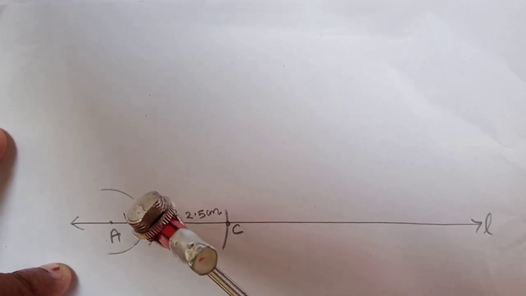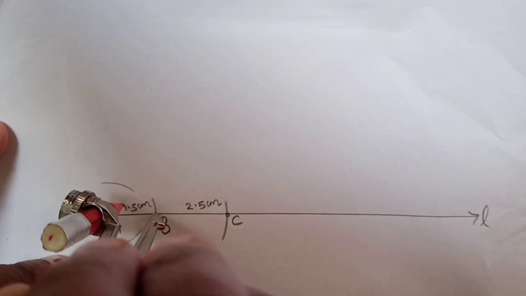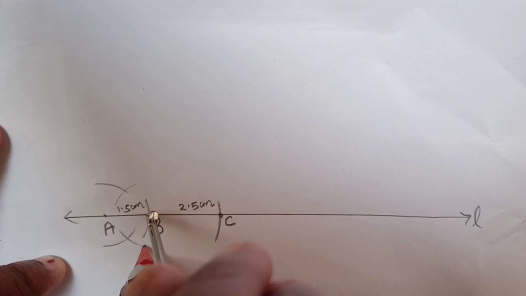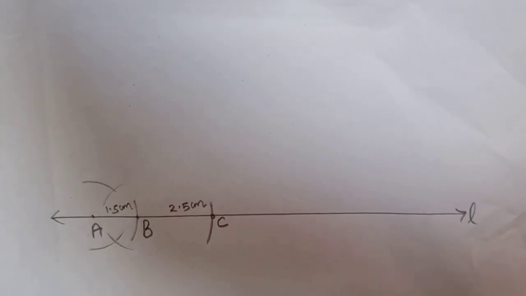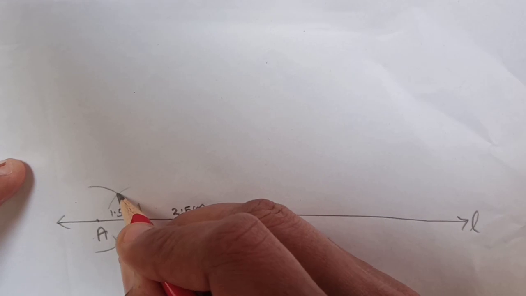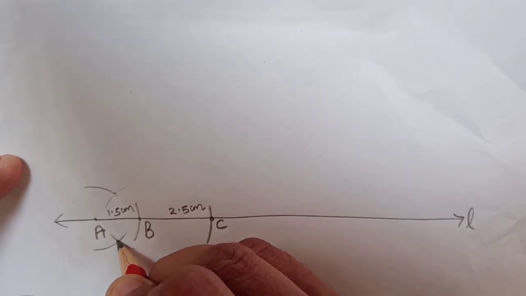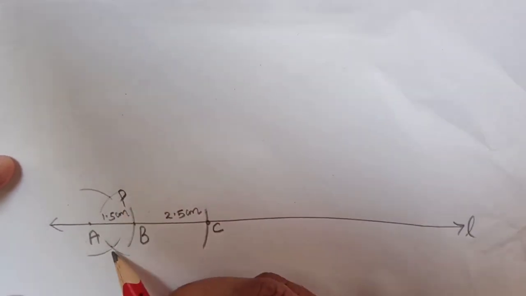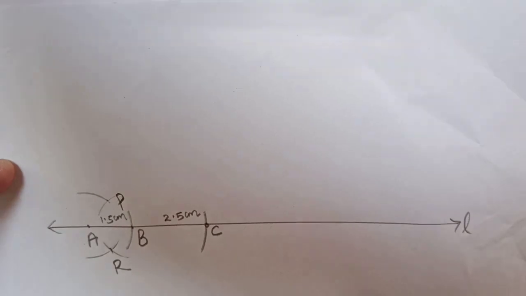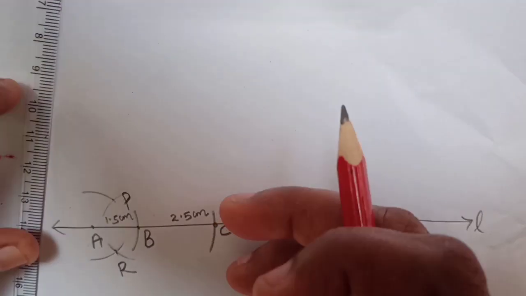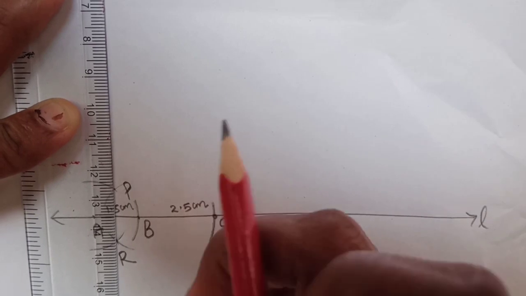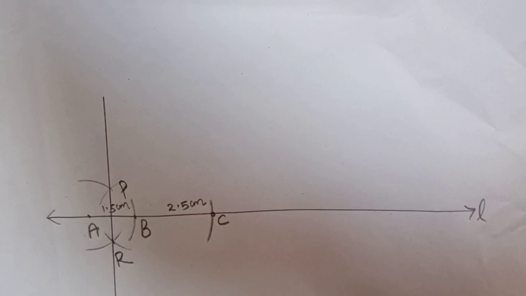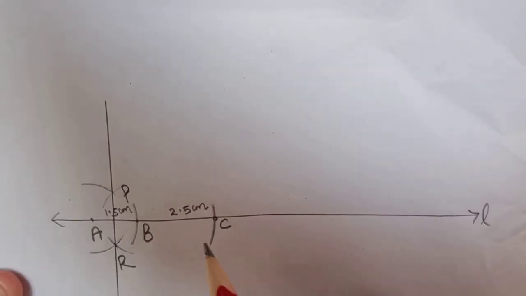Again with B as center, draw two more arcs that intersect the previous arcs. Mark the points of intersection of the arcs as P and R. So join P and R. Mark the midpoint as M.